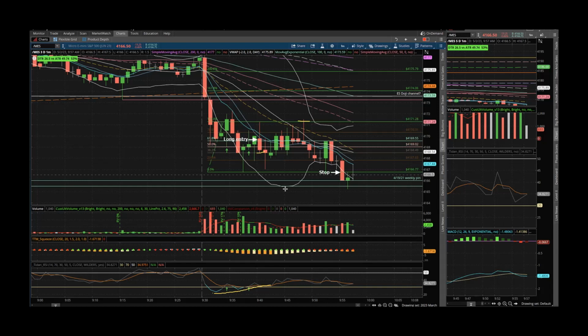Something that he said a month ago or so is you'll see the candles get big and then they get small and then the big move comes. I started seeing these small candles. I was like, oh, that's what he's seeing right here.